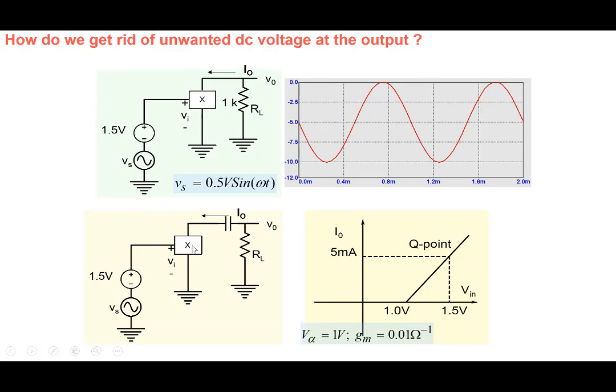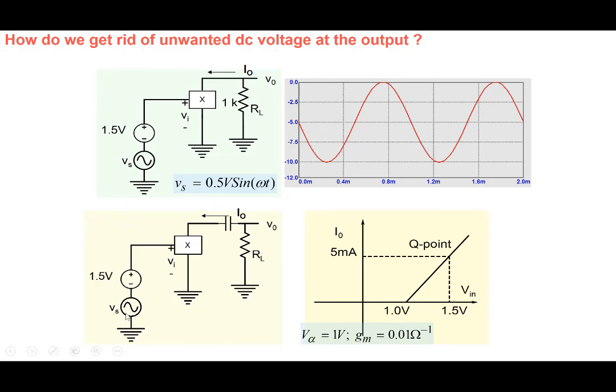So your transistor would then be forced to operate at I naught equal to 0, because of the ideal characteristics that we are building. With 1.5 volt, we require I naught of 5 milliamperes to flow, but there's no path for this particular current to flow here. So we have to modify this particular circuit.